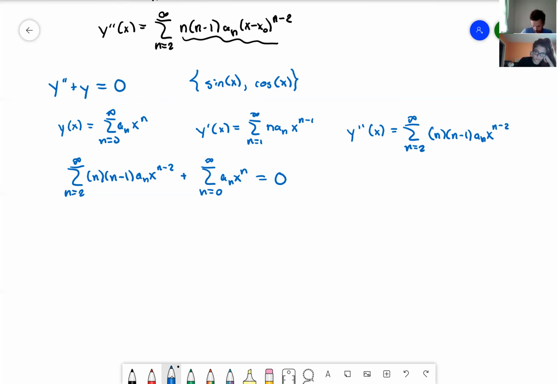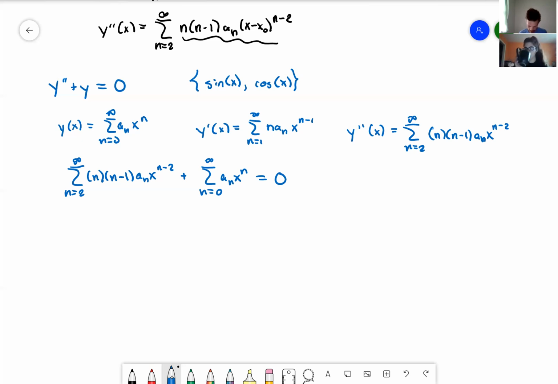Now, in order to combine these two things, I want to get the generic term to be the same thing, and I want to start from 0 instead of from 2. So how can I do this? Well, let me rephrase that. In the general situation, what I want to do is have the generic terms be the same so I know what the matching coefficients are.